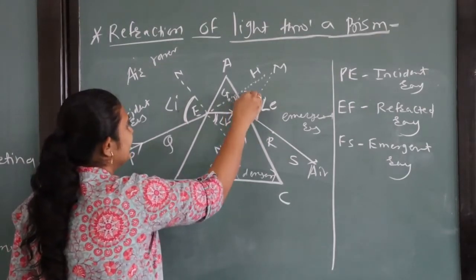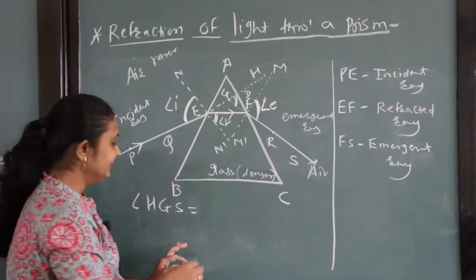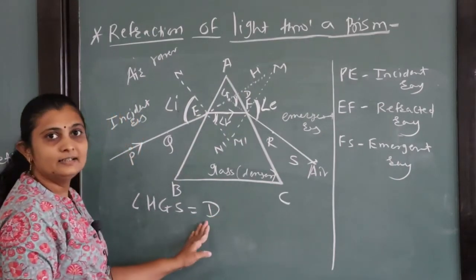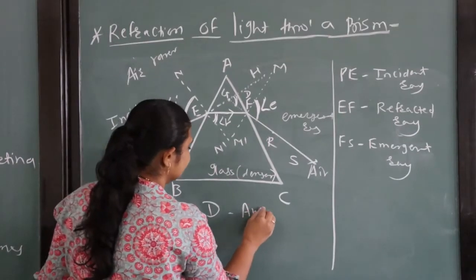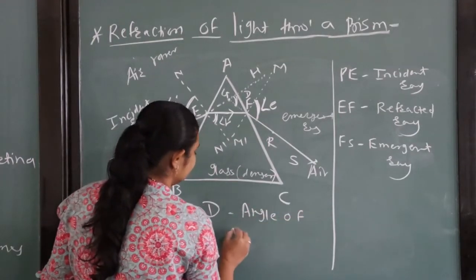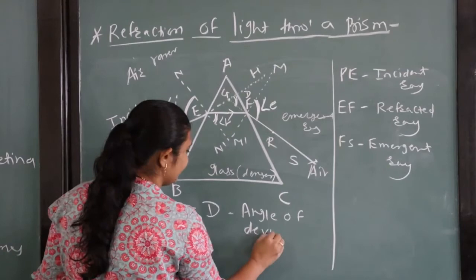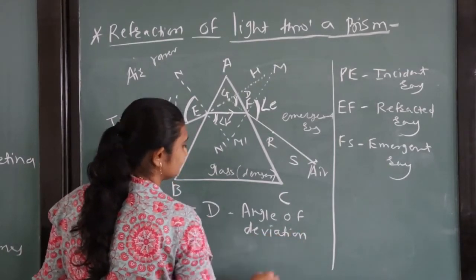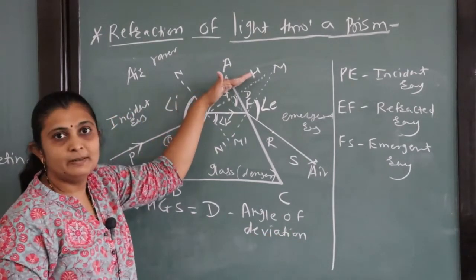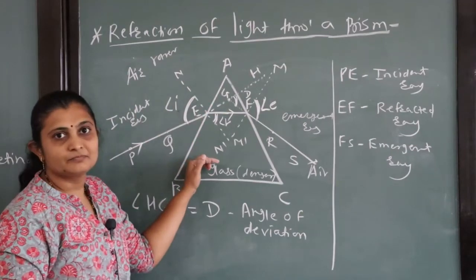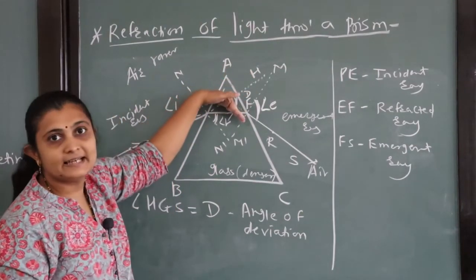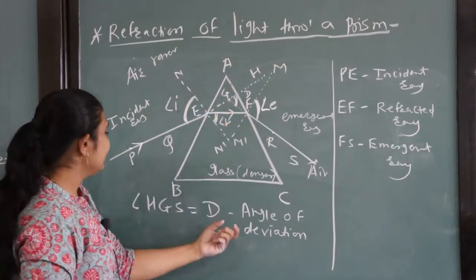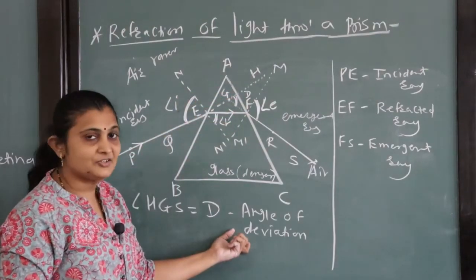This angle is denoted by capital D, angle D, and this is called the angle of deviation. It means this is the original path, and due to the prism this path is deviated by this angle, correct. So it is called the angle of deviation.